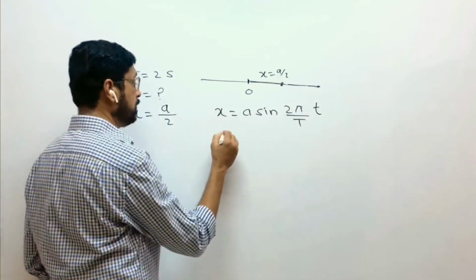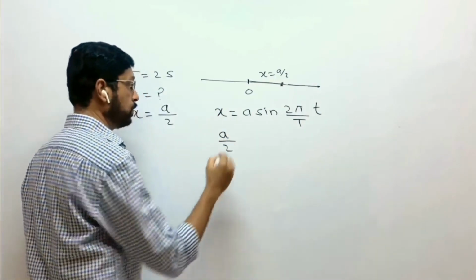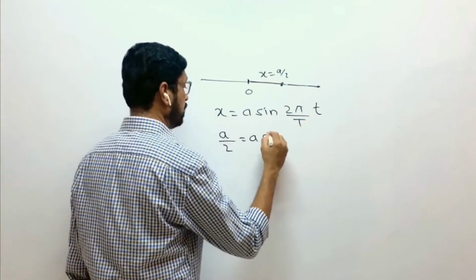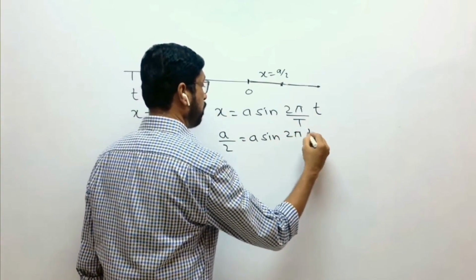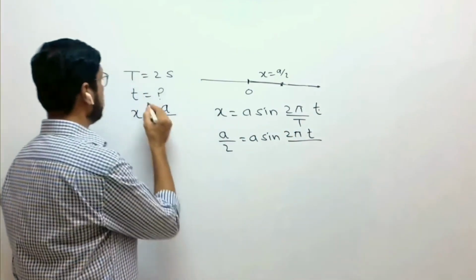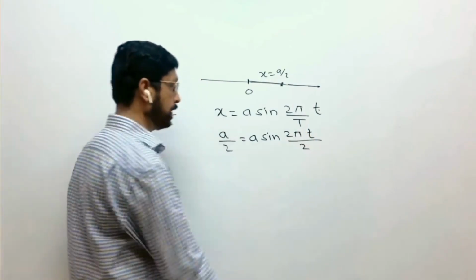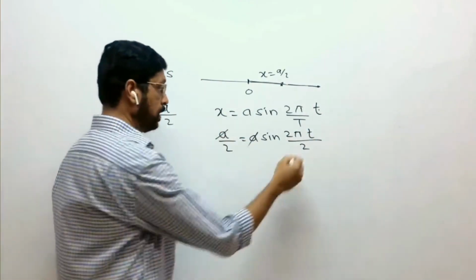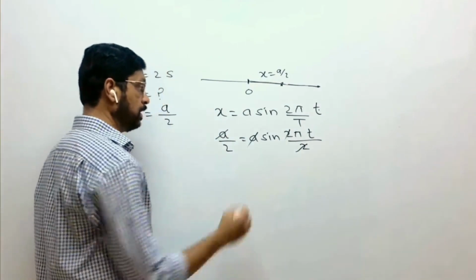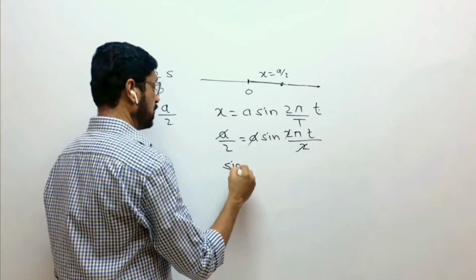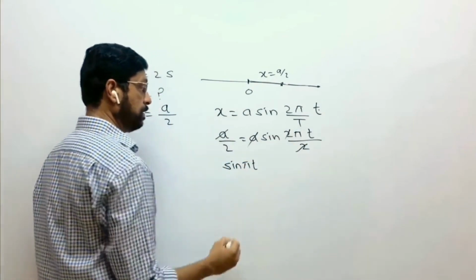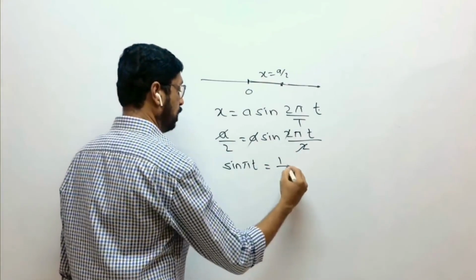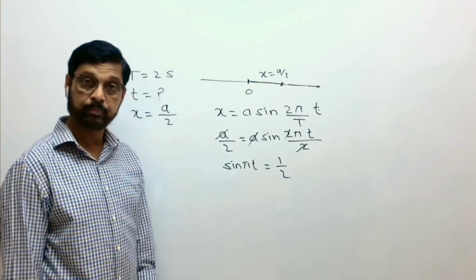So x is A by 2 is equal to A sine 2 pi t by capital T, which is 2 seconds. This A gets cancelled. This 2 gets cancelled. So sine pi t is equal to how much? 1 by 2.